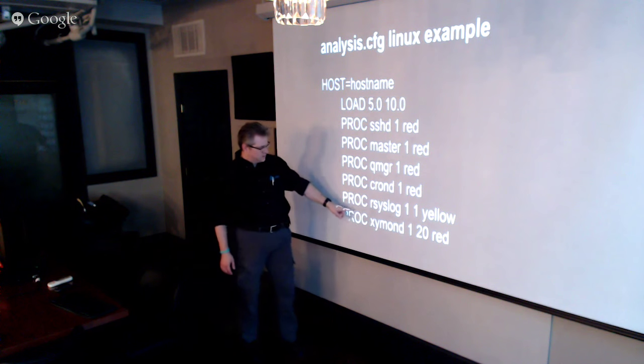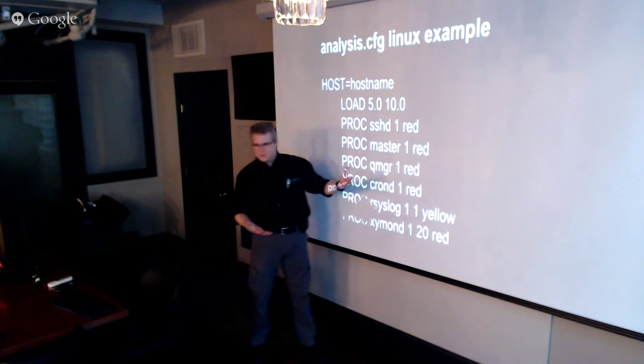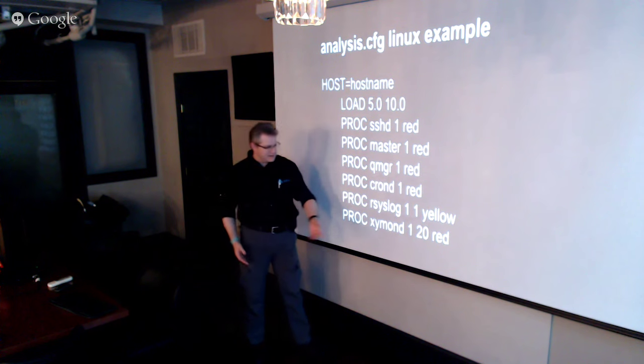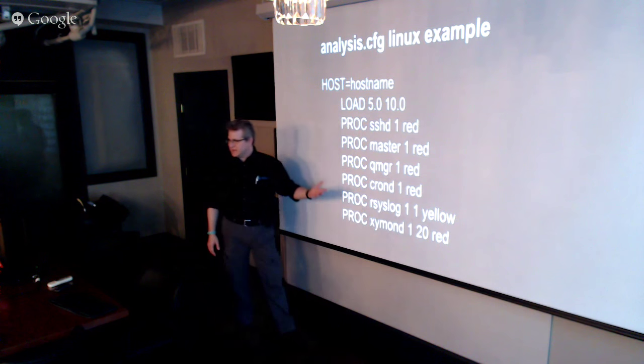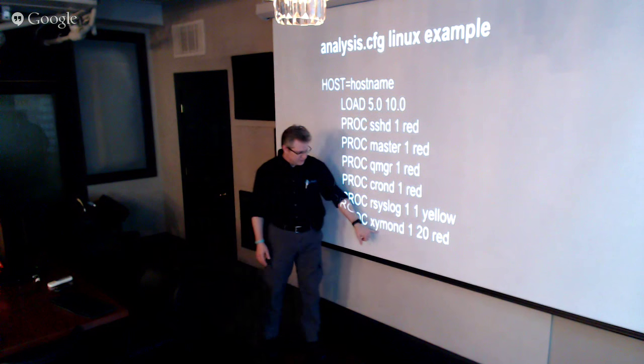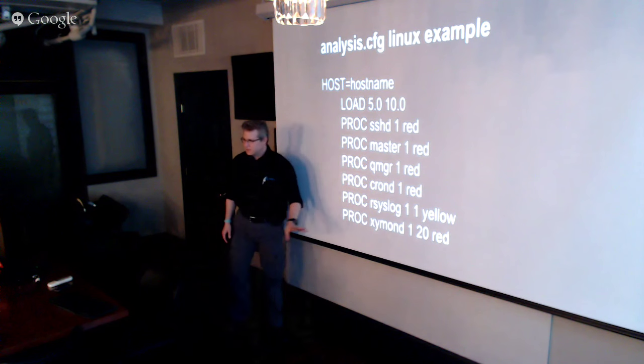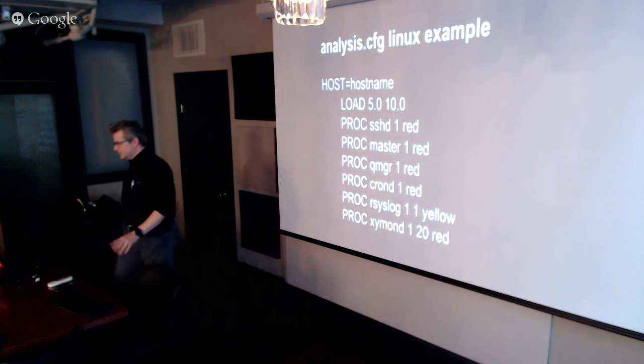Cron. Syslog is running. So what if syslog breaks? I'm just going to throw a yellow if it doesn't. That's an issue. And it's going to look for Xymon. So this one is specifically for this server.